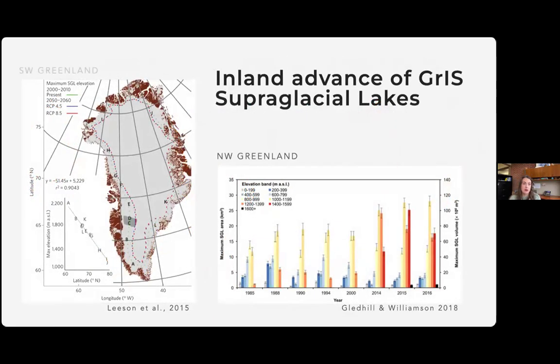Another repercussion of this is that we've been monitoring the inland advance of that ablation area and of supraglacial lake distributions advancing inland. Here are two figures showing that the supraglacial lakes in different regions of the Greenland ice sheet have been retreating inland. All of this is to say that the expansion of this ablation area, with melt occurring at higher and higher elevations over larger areas, makes understanding how that meltwater is traveling through the glacial hydraulic system even more important.